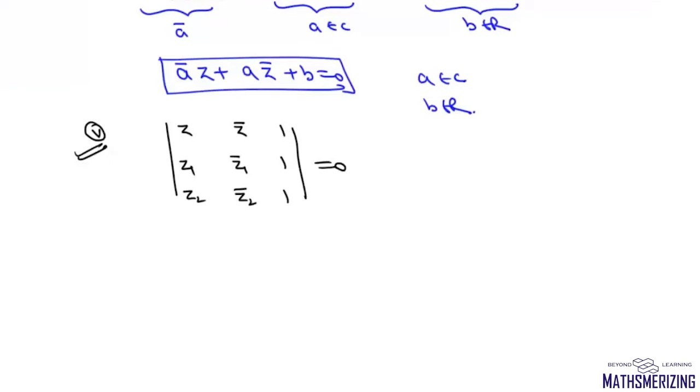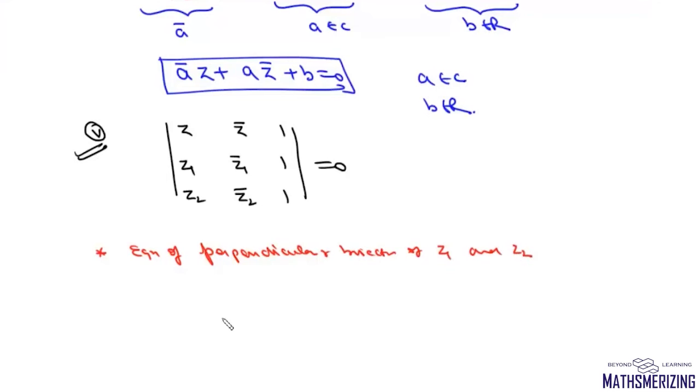Now there is another equation which is very important in straight lines, and it is the equation of the perpendicular bisector of z1 and z2.